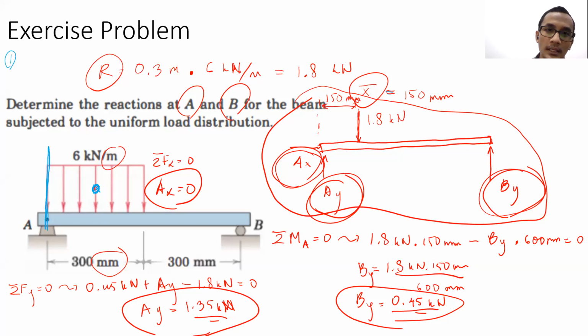So basically, if we have a distributed force like this, 6 kilonewton per meter, most likely the internal shear force distribution will be linear. Correct, Rizky?